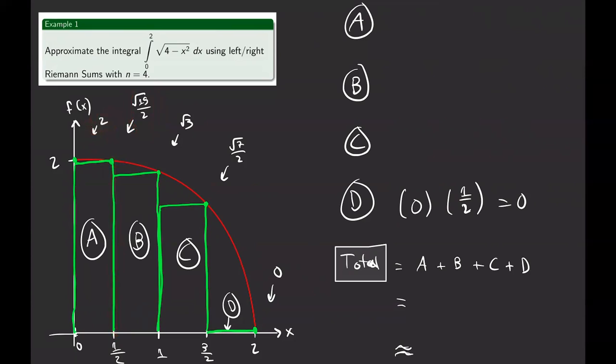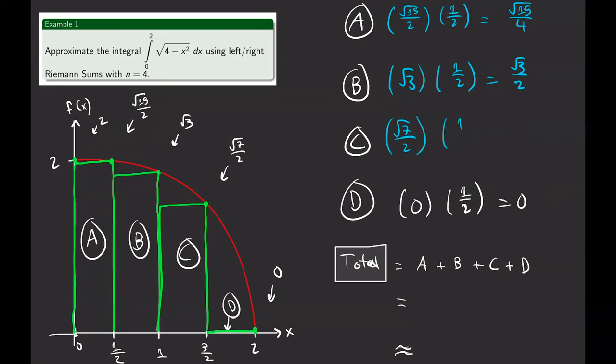So I have my √15/2 times 1/2 is going to be my √15/4. And then for B, it's going to be the √3 multiplied by 1/2, which is my √3/2. For C, it's going to be my √7/2 times 1/2, which is my √7/4.